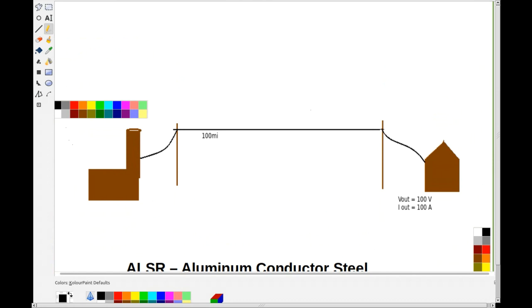I'm using this as an example because when I first bought my house, I had a 100 amp breaker box in the house coming in from the power, and I actually tripped this more than once.